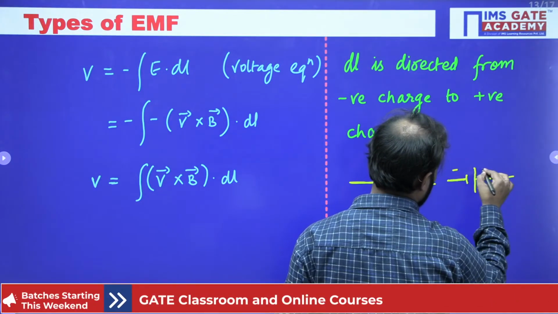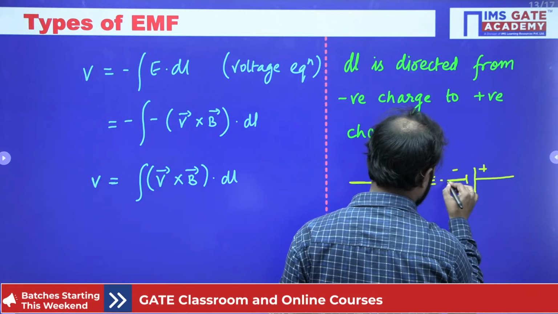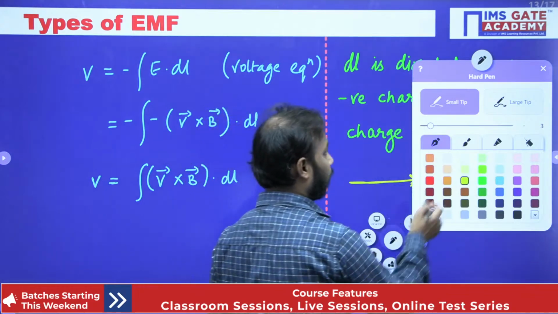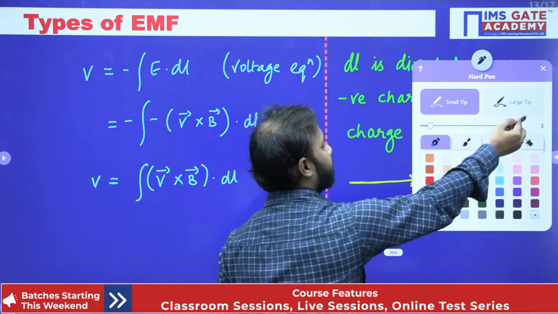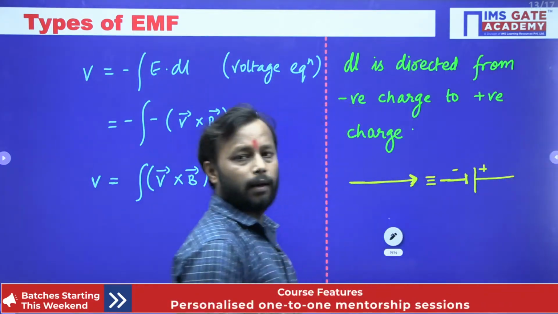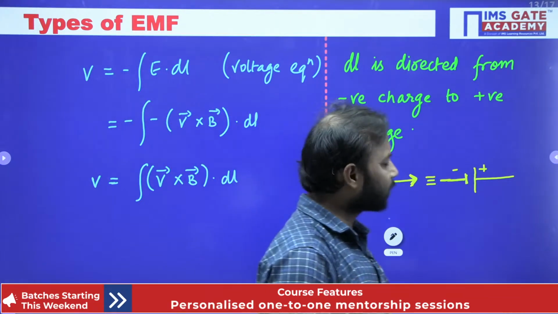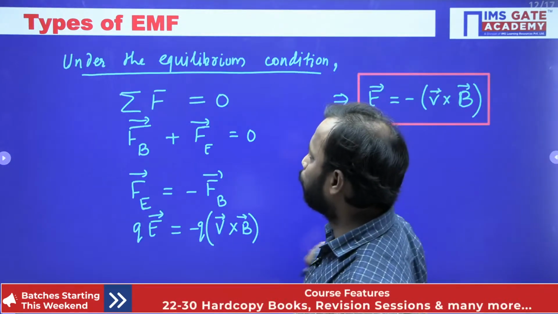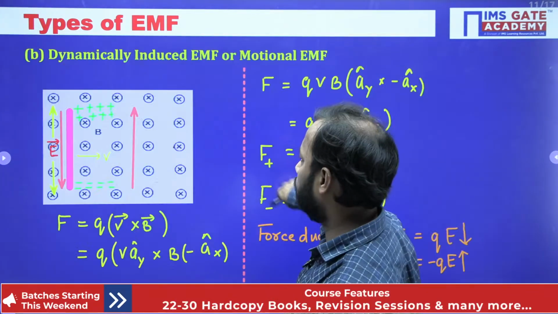So minus and plus, like this. We can represent our EMF in two manners. Done. So in this way we find the motional EMF or dynamically induced EMF.